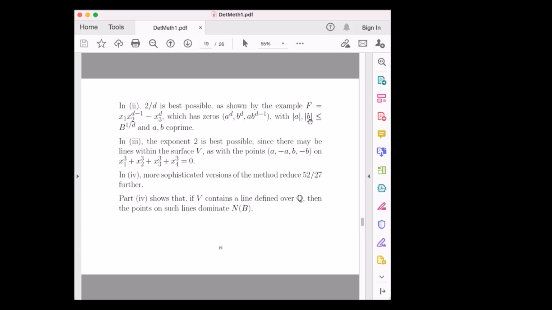And if you take a and b to be of size at most capital B to the 1/d, that will provide B to the 2/d pairs, and you would want a and b to be coprime to make sure that the rational points you're getting are all distinct, but that reduces the number of points only by a constant factor. So you really do get at least B to the 2/d points, and so the exponent 2/d is best possible.